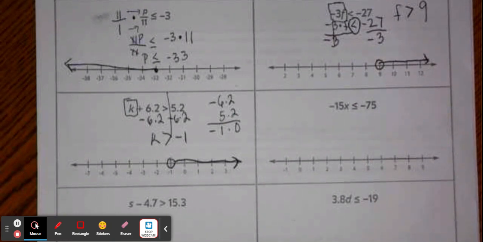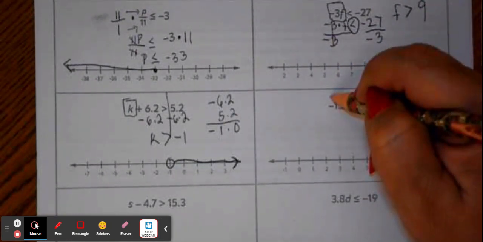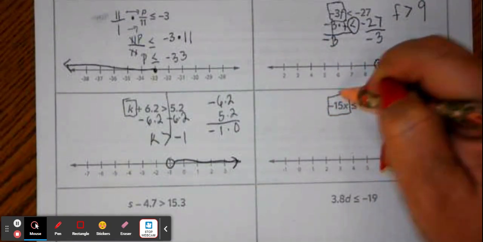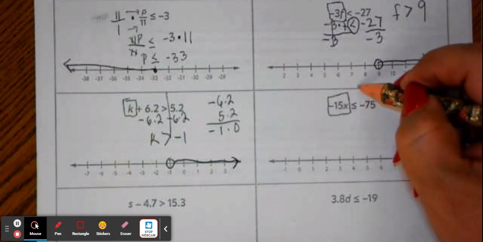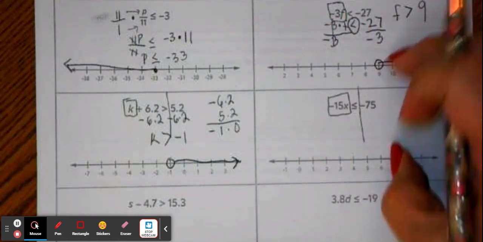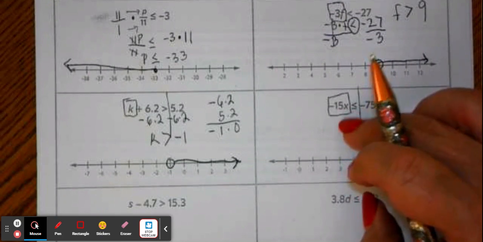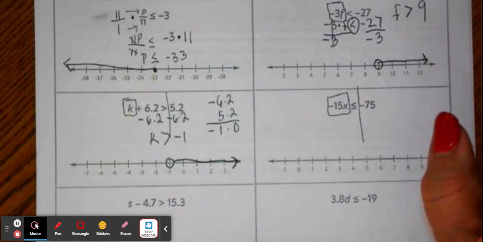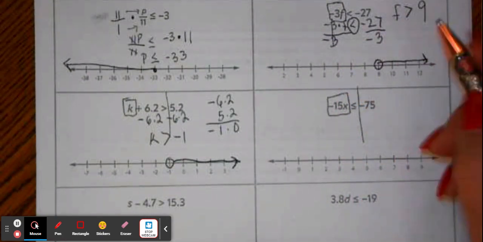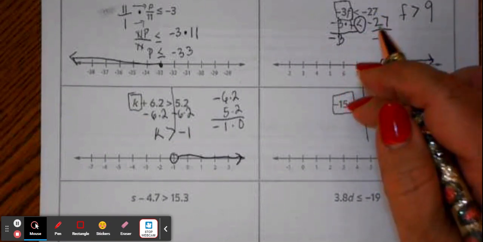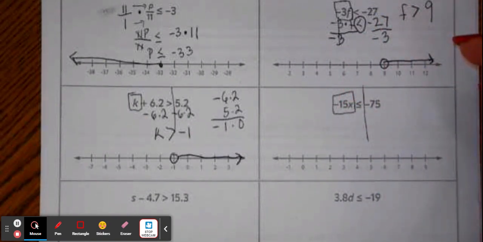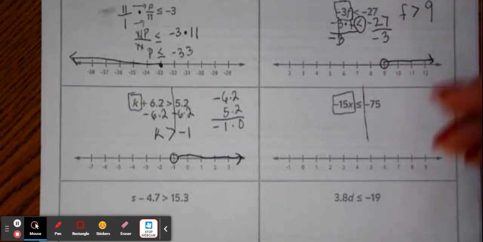All right, so now this one here, I have my coefficient. There are no other numbers that I can bring over. So now I can separate it, where I'm going to just find the variable by itself.